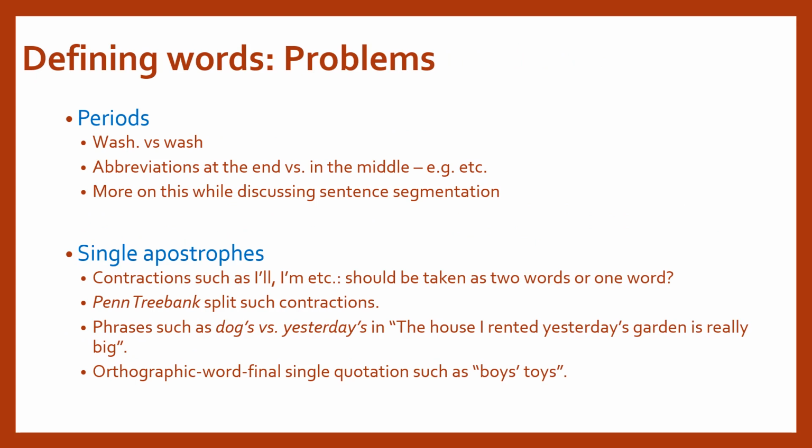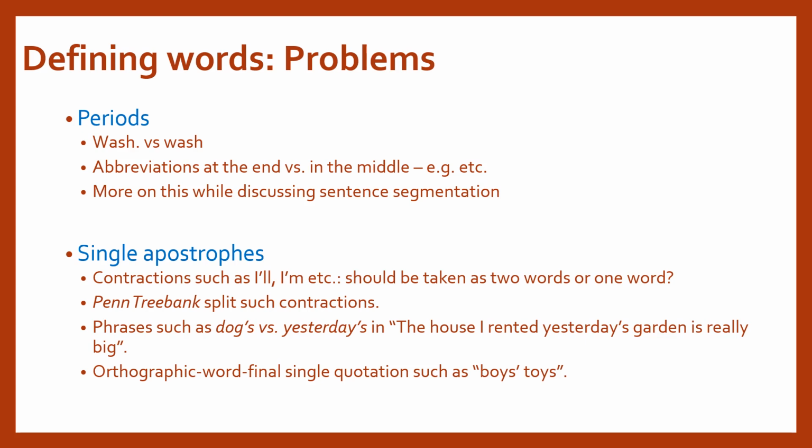So, the words are not always surrounded by white spaces; often punctuation marks such as commas, colons, and periods come in. For example, the specific thing you can look into is the period. In this particular example, there is "Wash." with the period versus "wash".